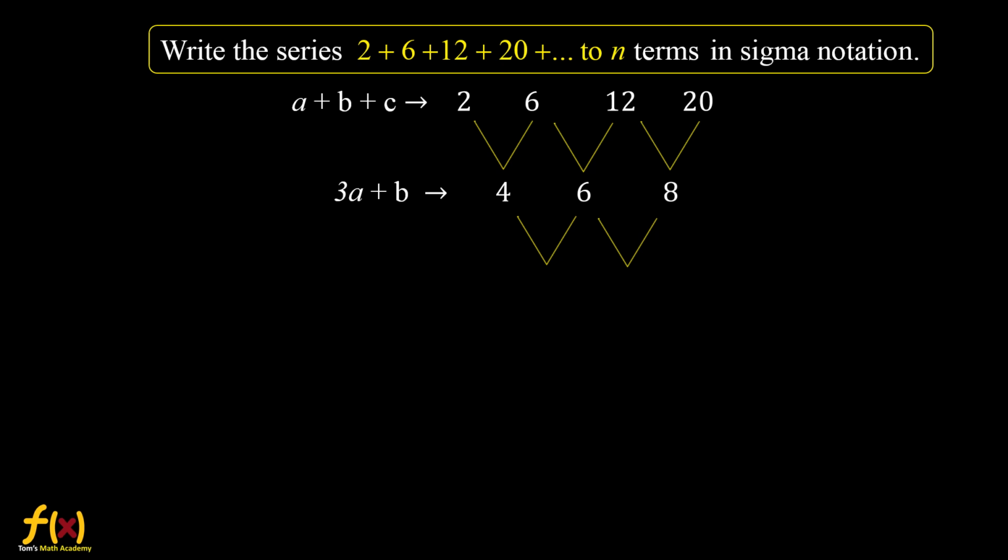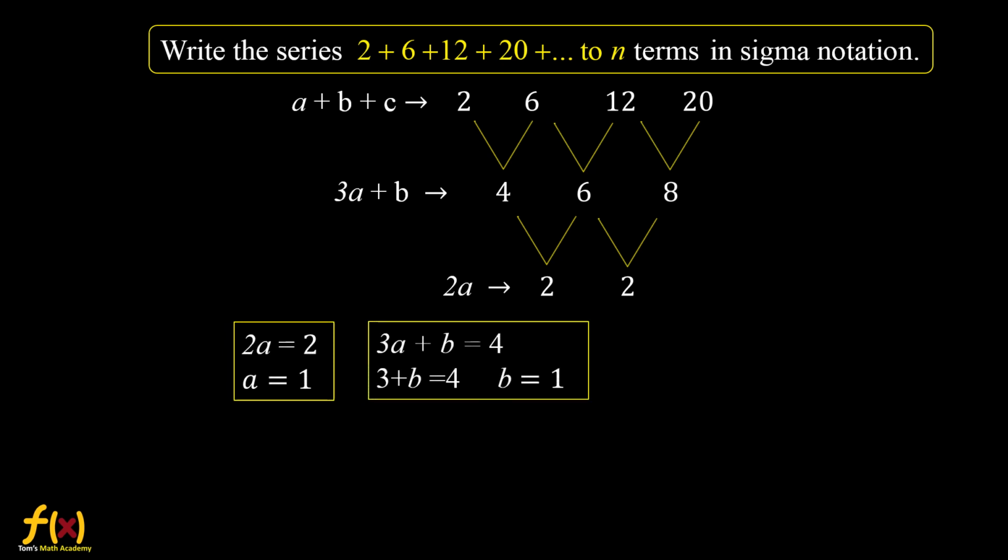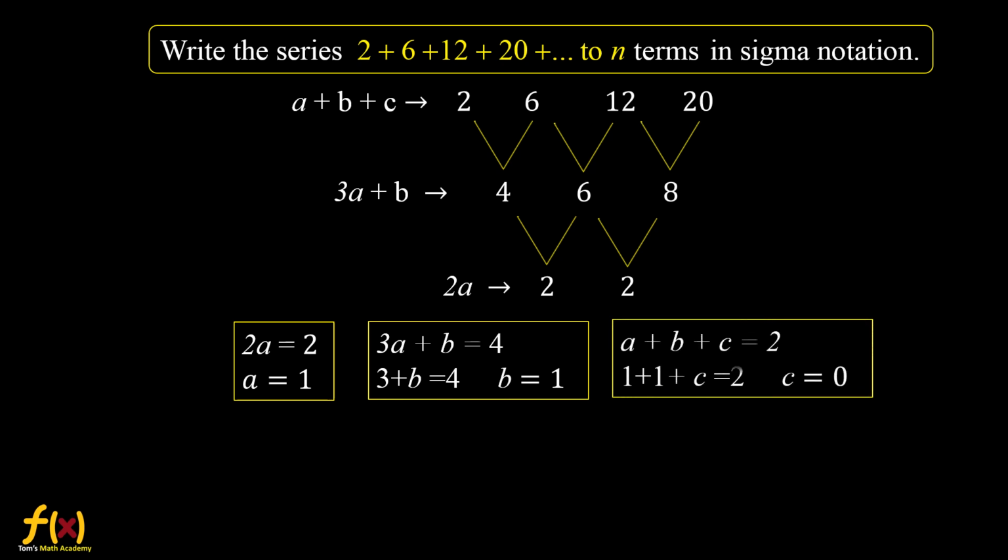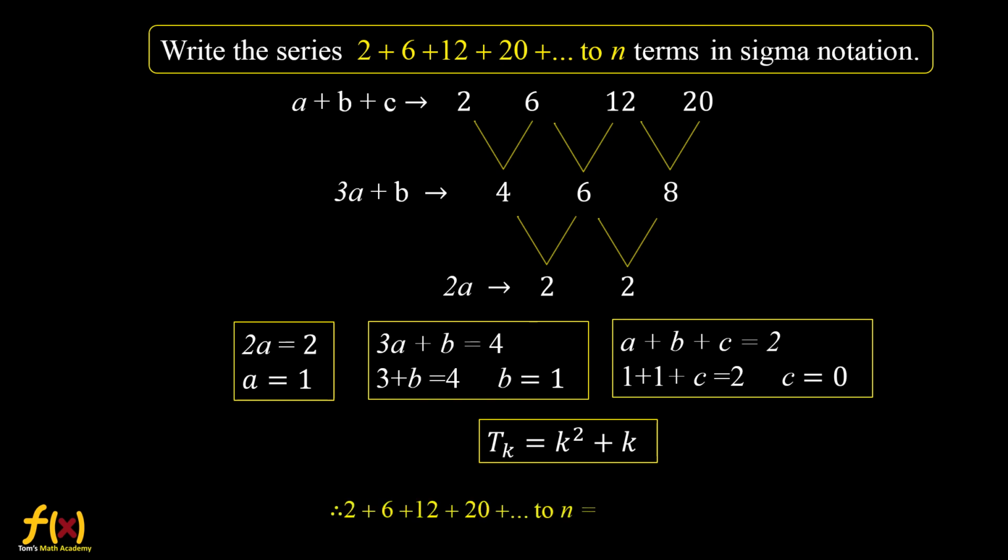We already learned this quadratic sequence in part 1. Now look at the values: a equal to 1, b equal to 1, c is equal to 0. What is the general term? Tk equal to k squared plus k. Now you can write this general term in front of the sigma notation.